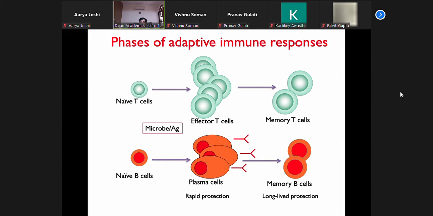In secondary lymphoid organs, they sense the presence of antigenic epitopes loaded onto MHC class 1 or class 2, depending on whether these are CD4 T cells or cytotoxic T cells, right? And then by receiving two additional signals, costimulatory signals and the cytokines in the milieu, these cells become activated. We call these cells effector cells. There is a burst in the number of these effector T cells.